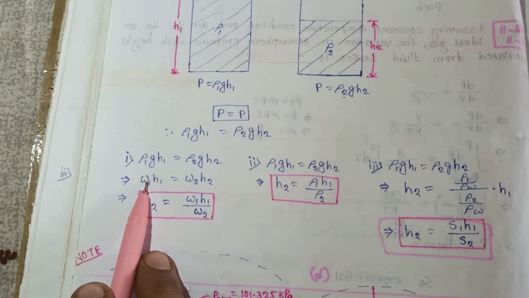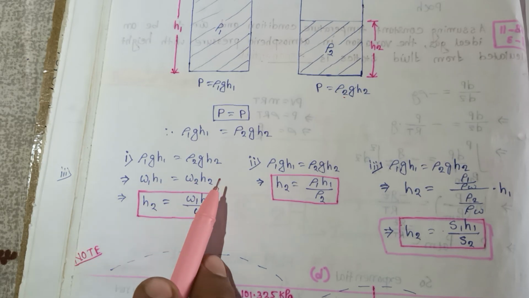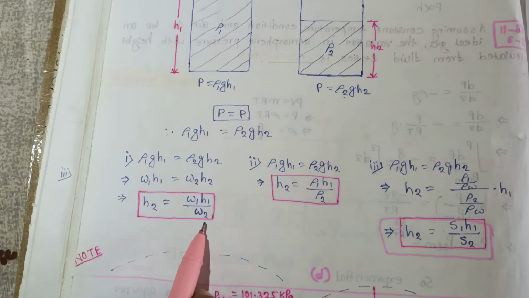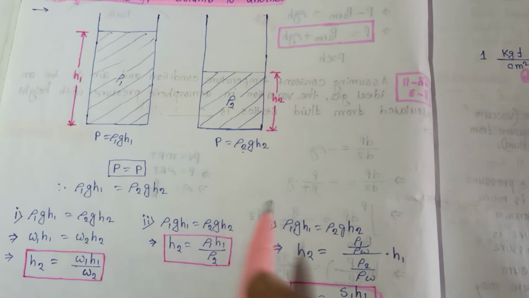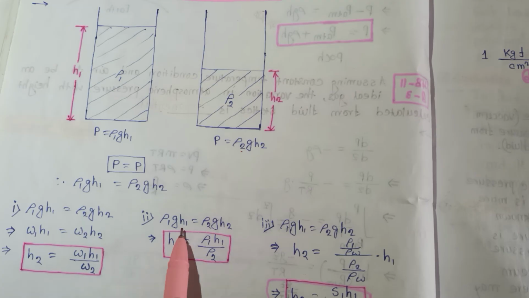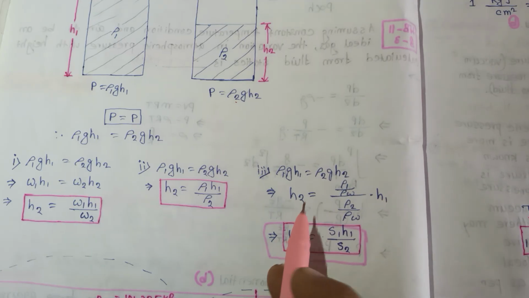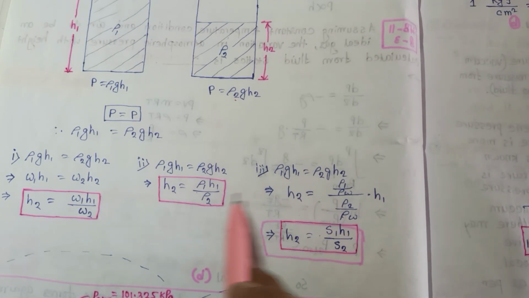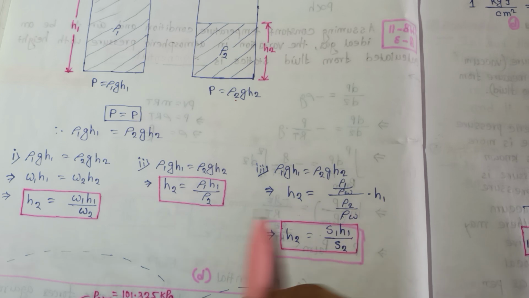So specific weight omega 1 into h1 equals omega 2 into h2. From here h2 equals omega 1 h1 by omega 2. With the same formula, g cancels out, so h2 equals ρ1 h1 by ρ2.